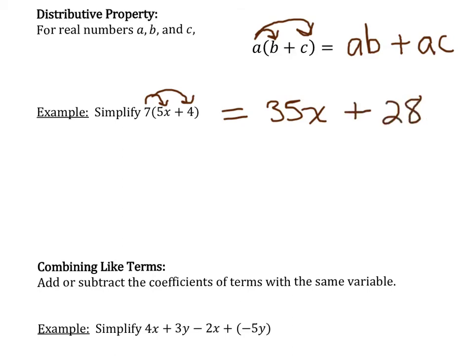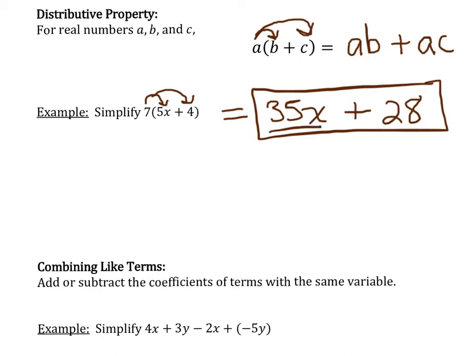So I have 35x plus 28, and that is it. Okay. So notice that I multiply the 7 and the 5, and I put it still in front of the x because 7 times 5 is 35, and if I multiply 35 by x, I'll still have this 35x here. And then I didn't have to do anything with a variable with the 4 because it has no variable. So it became 7 times 4, which is 28.